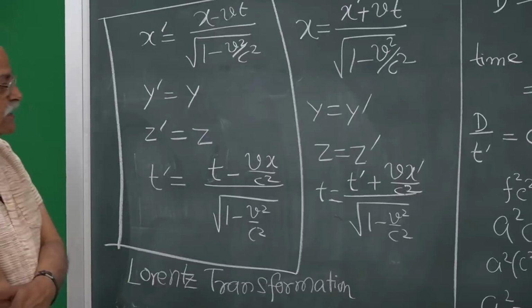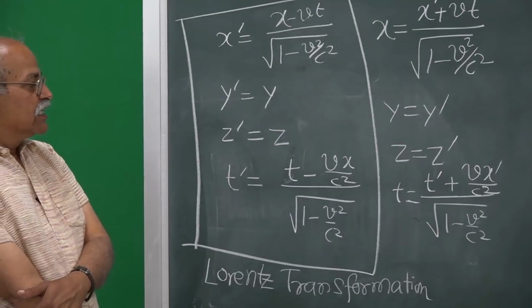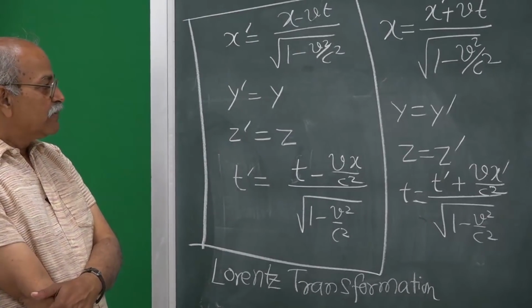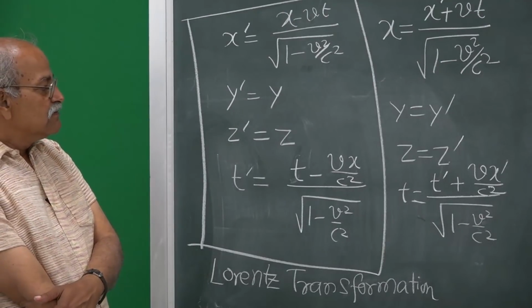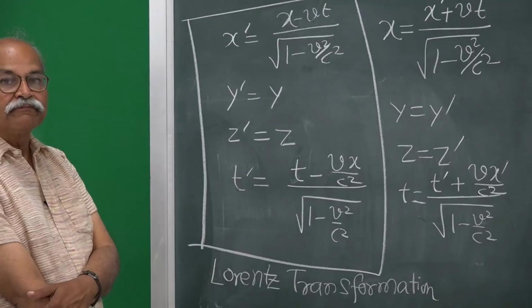So these are the inverse transformations. If you have x prime, y prime, z prime, t prime and you need x, y, z, t, then you can use these equations.